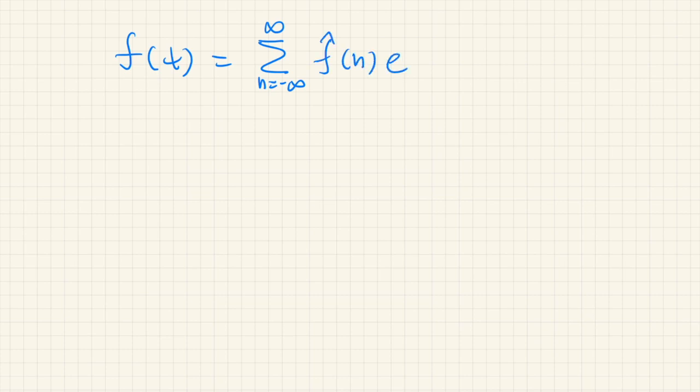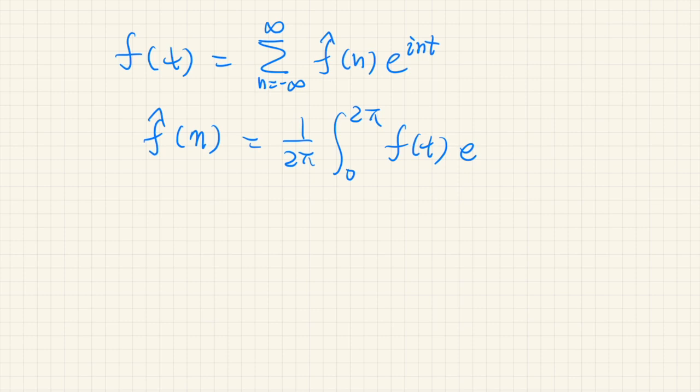Now consider the Fourier series expansion of a function f of t, that is this, the sum from negative infinity to positive infinity of f hat of n, exponential of int, where f hat of n is given by this integral, f of t exponential of negative int dt.